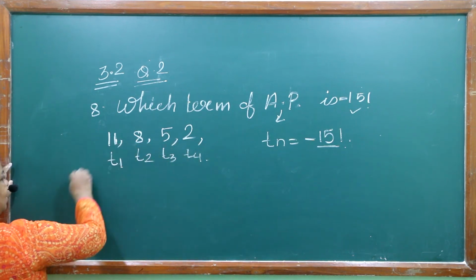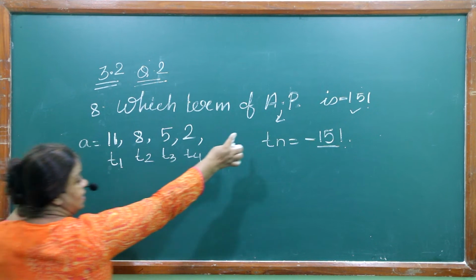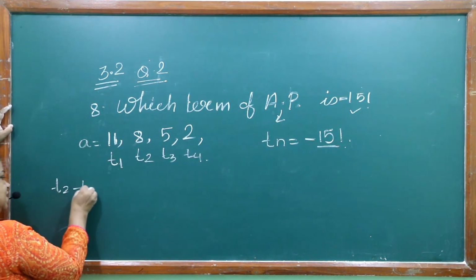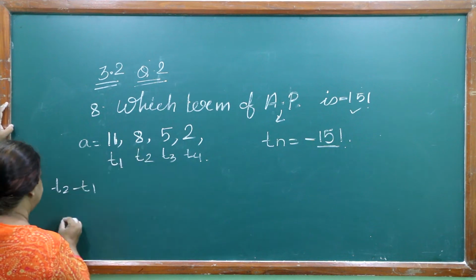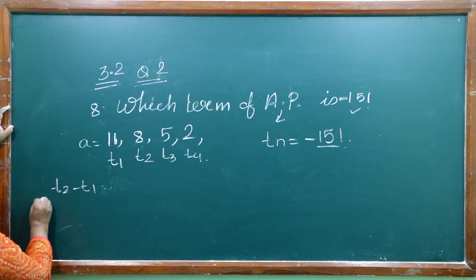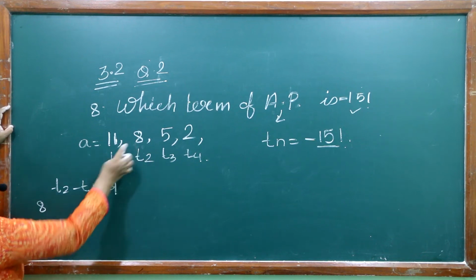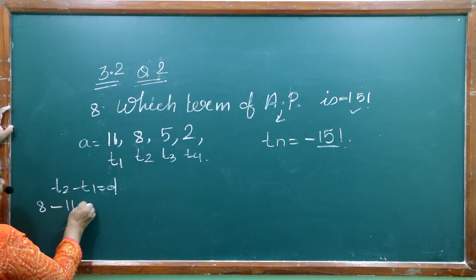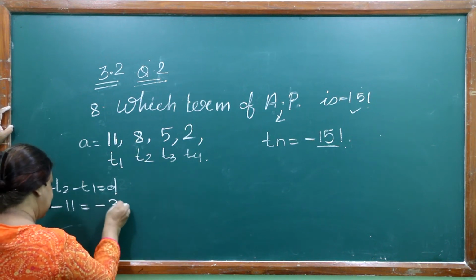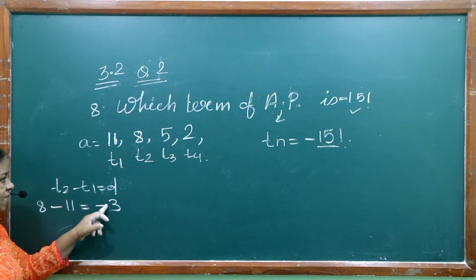So T1 is 11, which is equal to A, and this is in AP. So difference, of course, T2 minus T1. T2 is 8, which is equal to D. 8 minus 11, minus 3. So difference is minus 3.